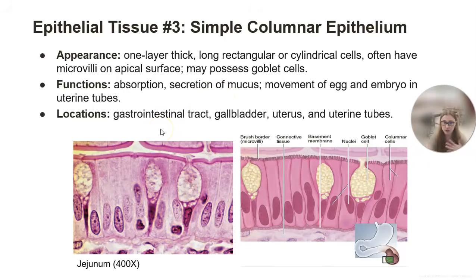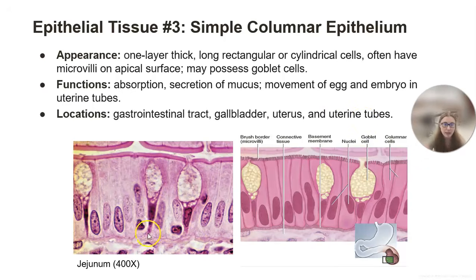So, like their job suggests, we're absorbing, we're secreting mucus, we're moving eggs or embryos. Well, we're going to find this tissue type in places like the gastrointestinal tract, the gallbladder for our absorption and secretion of mucus jobs. We'll also find this tissue type in places like the uterus and the uterine tubes for the movement of the egg and embryo jobs.